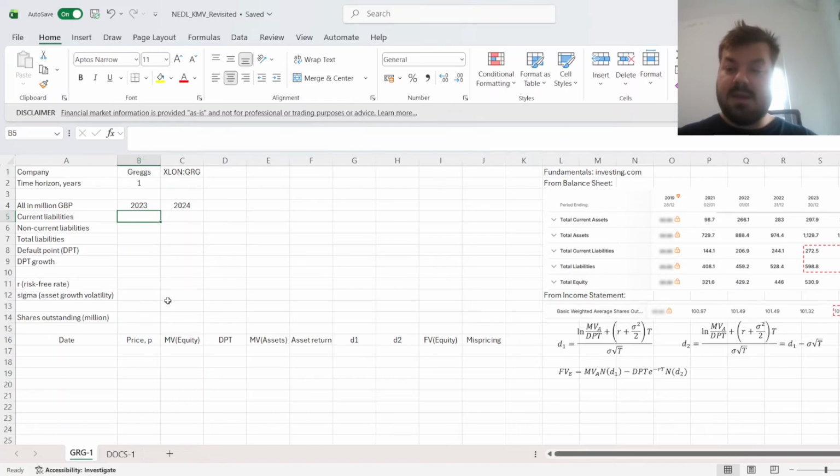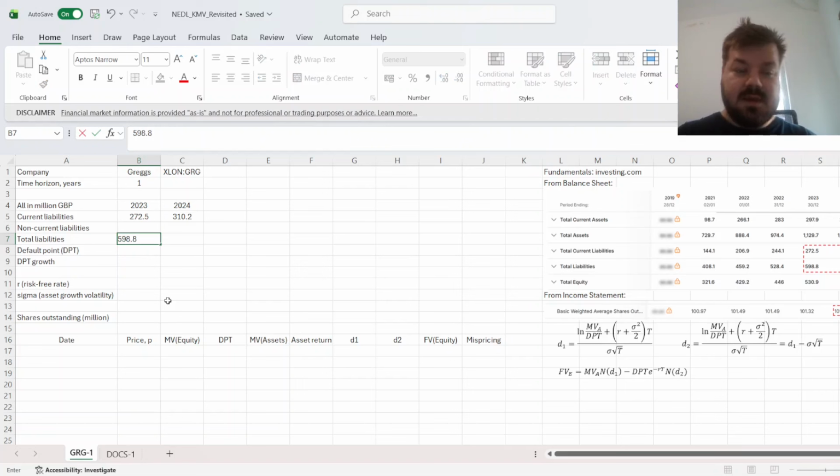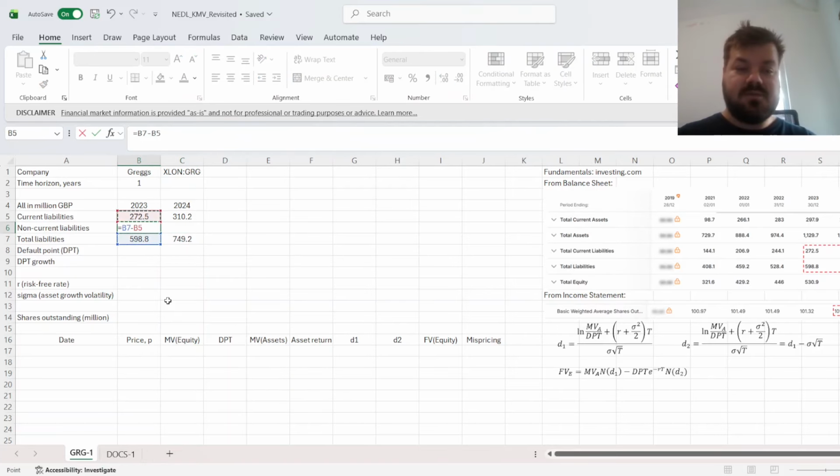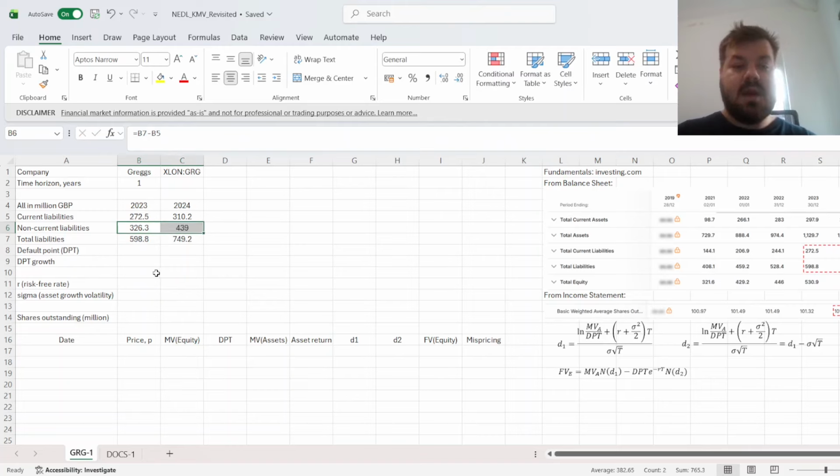So current liabilities for 2023 is 272.5 million pounds, and for 2024 it's 310.2 million pounds. For total liability, it's 598.8 million pounds in 2023 and 749.2 million pounds for 2024. So for non-current, we simply subtract current from the total and drag it across.